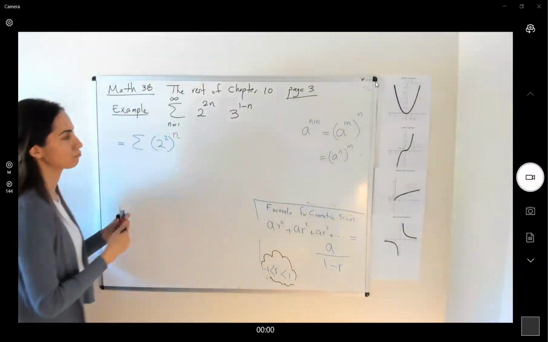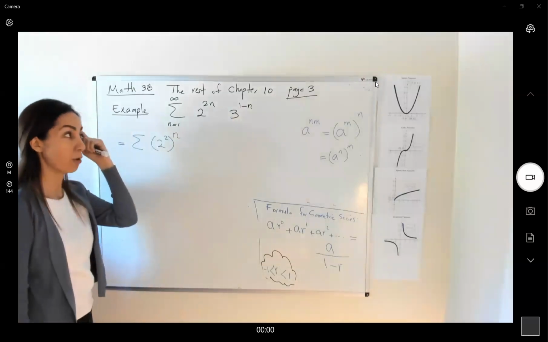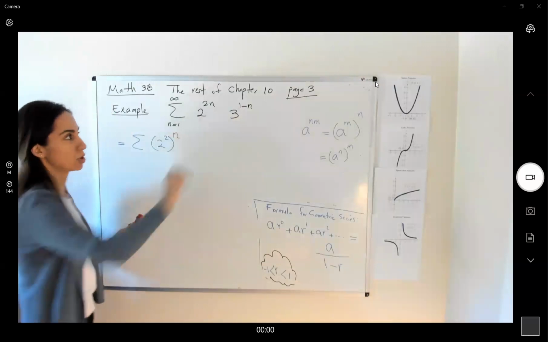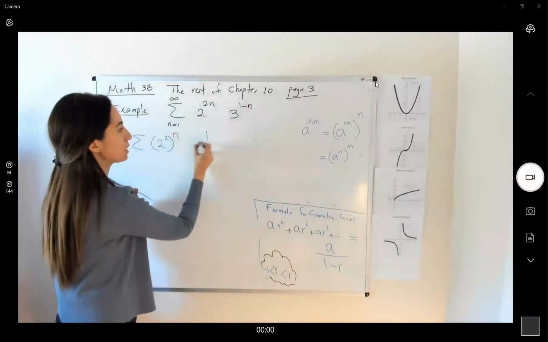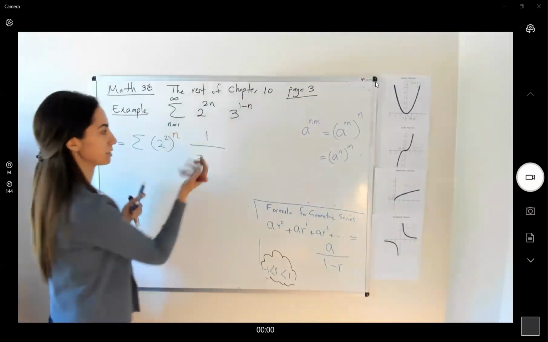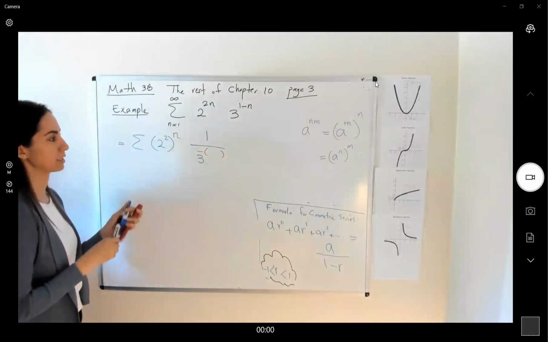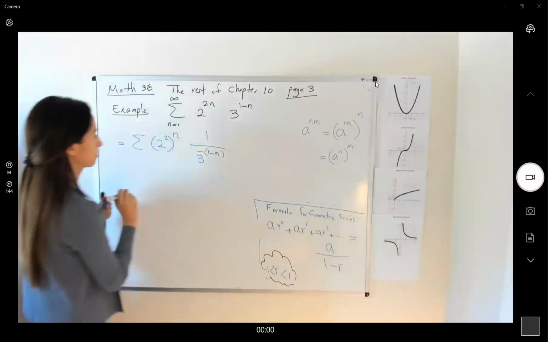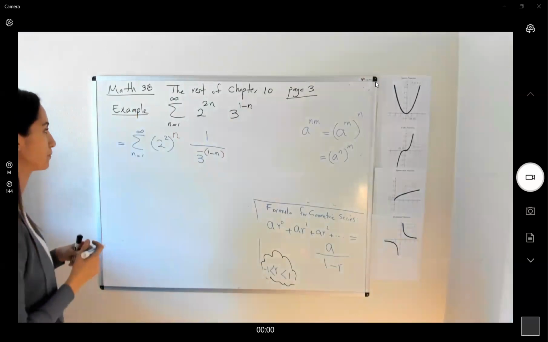And this guy, I have a negative exponent. I want to get rid of this negative exponent. I don't want that. So I'm going to flip this and write it this way: 1 divided by 3 raised to (1 minus n)... and n starts from 1, goes to infinity.